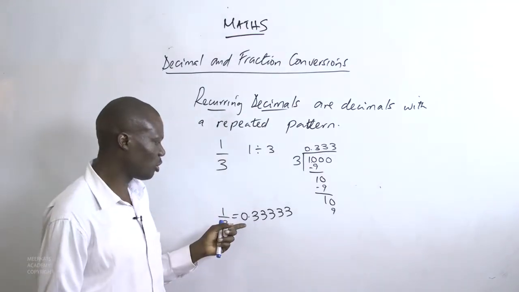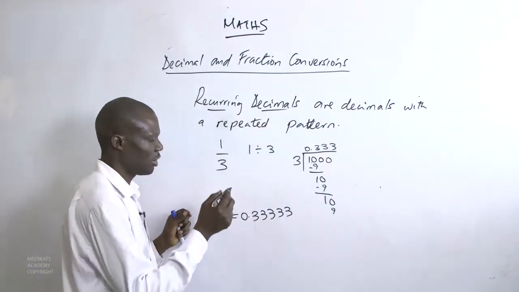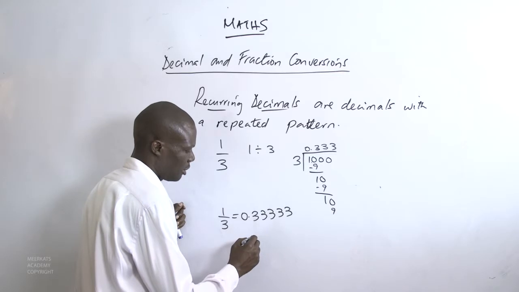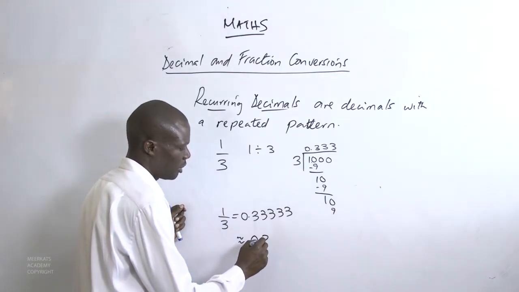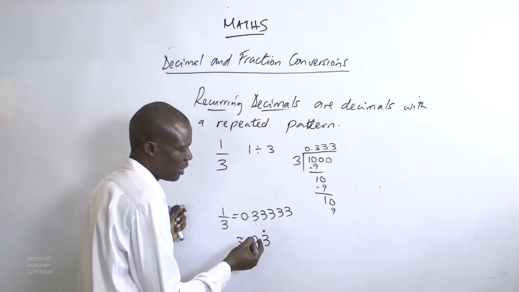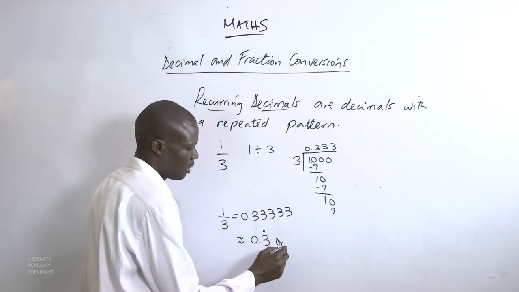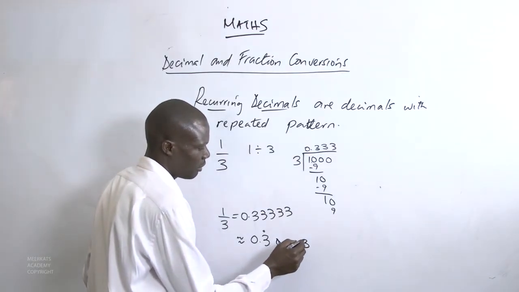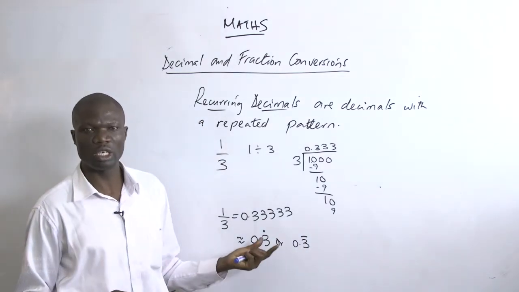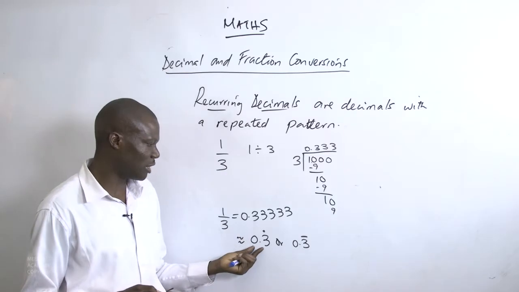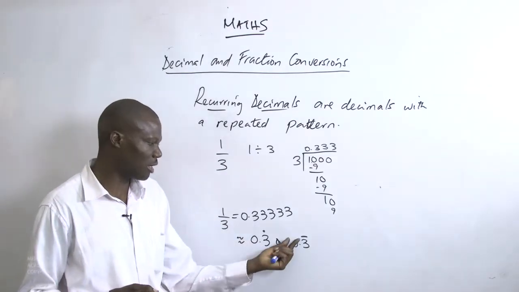Because these 3's are endless, we can indicate using a dot, like 0.3 with a dot over the 3, or we can simply say 0.3 and for the number recurring, we use a dash. So this tells us that the digit 3 is recurring.